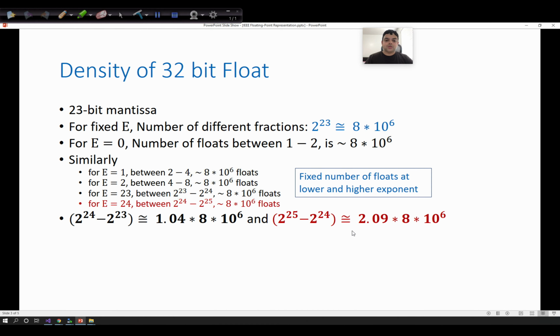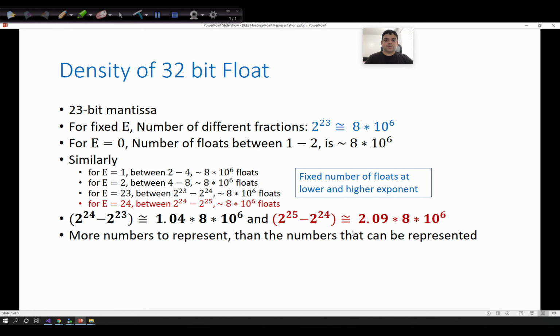Now what this means is, we have more numbers to represent than the numbers that can be represented. So we have approximately 2 times 8 into 10 to the power of 6 integers between 2 to the power of 24 and 2 to the power of 25. However, we can only represent 8 into 10 to the power of 6 floats using 32-bit single precision floats. Now this is a problem. What this means is, not all integers greater than 2 to the power of 24 can be represented exactly using floats.